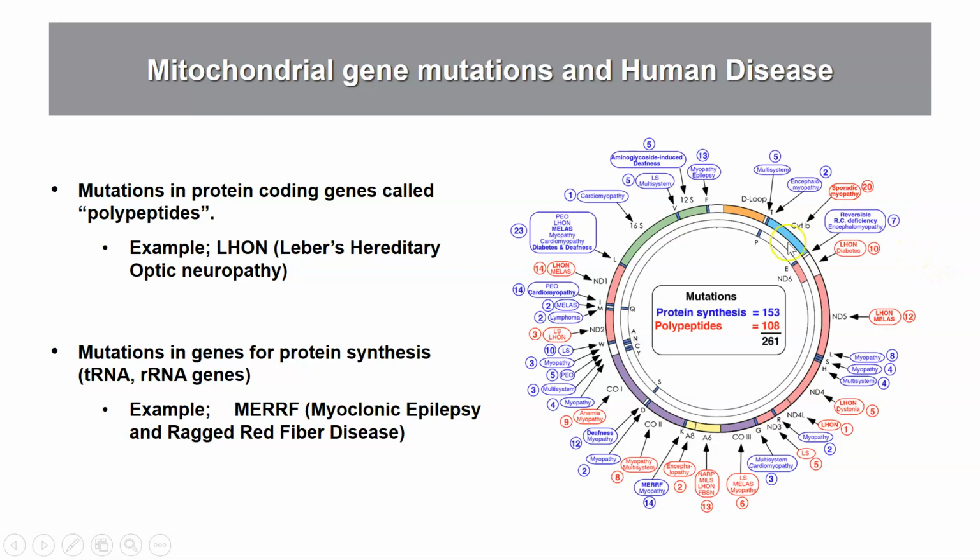The other category is mutations that affect polypeptides that are encoded in mitochondrial genes, and there are 108 known mutations for those. For the examples I chose, LHON, Leber's neuropathy, is an example of a mutation in a peptide protein coding gene, and MERRF is an example of a mutation in a gene involved in protein synthesis.